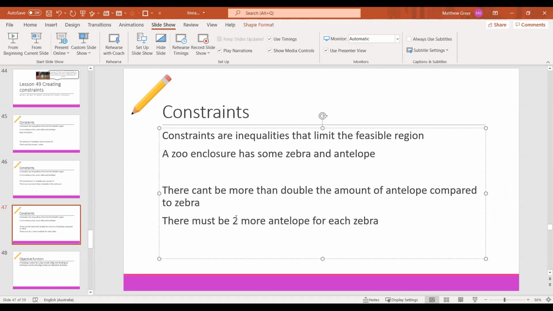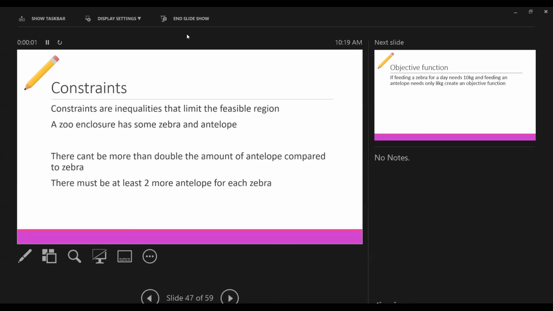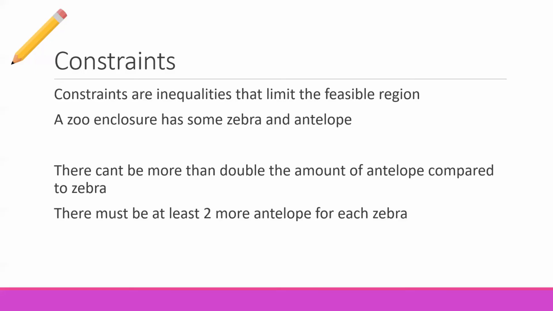There must be at least. There we go. Because that wasn't an inequality, that was an equals for a second. Now it's an inequality. Okay. So this one here was 2Z must be greater than or equal to A.